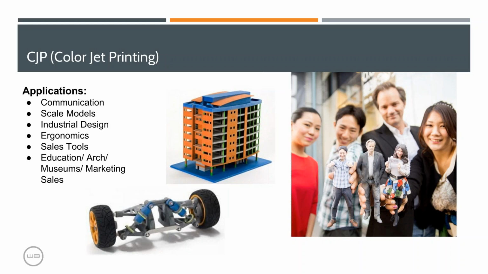With color jet printing, you can do very good communication models. You can do very nice scale models, industrial design, ergonomics, sales tools. We've seen this actually work out extremely well in educational markets, architectural, museums, being that they scan things and then actually 3D print them, like dinosaurs, different types of parts that they want to put on display.